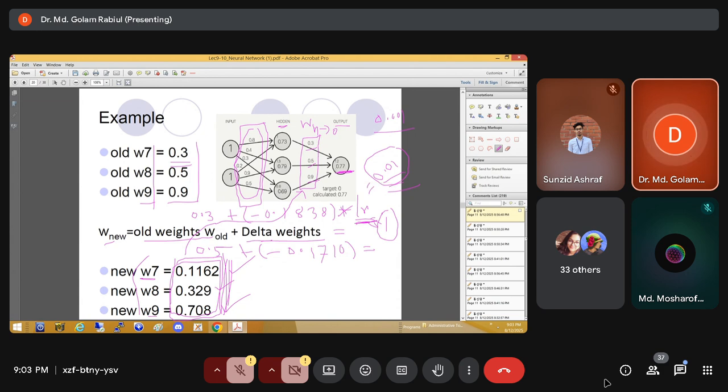So that's why we have to do it in 2 steps, to find out how much change is required to update W1 up to W6.